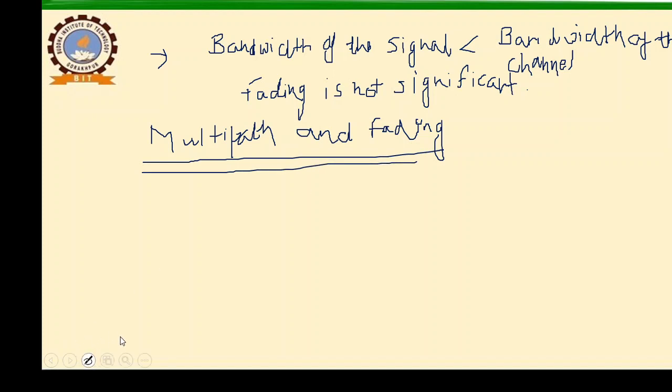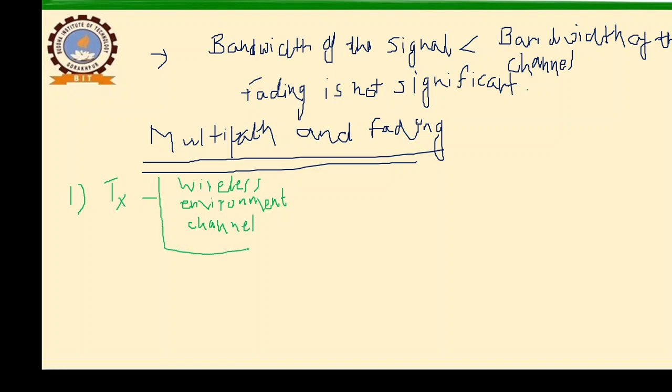Now see, the first conclusion is the wireless transmitter and wireless environment channel.